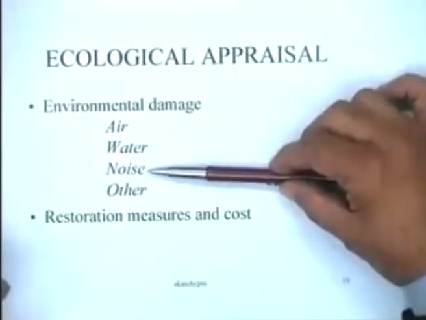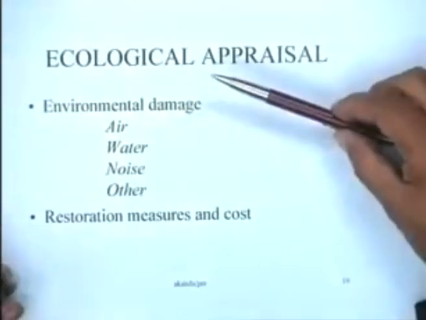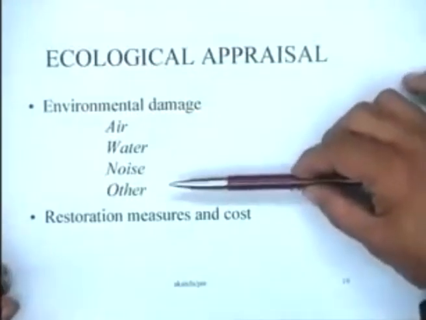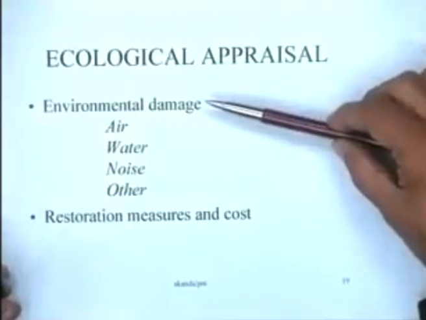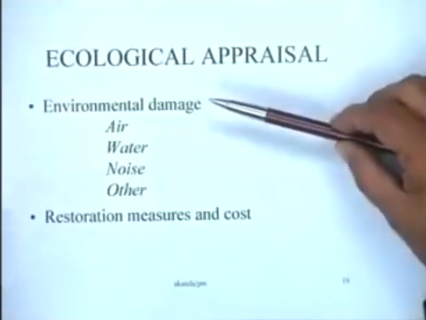How is it going to contribute to noise levels and to other measures as far as the environment is concerned? So there could be legislation on a number of these factors, that this is the level of air permitted, or the level of carbon monoxide, or various other pollutants in the air permitted.